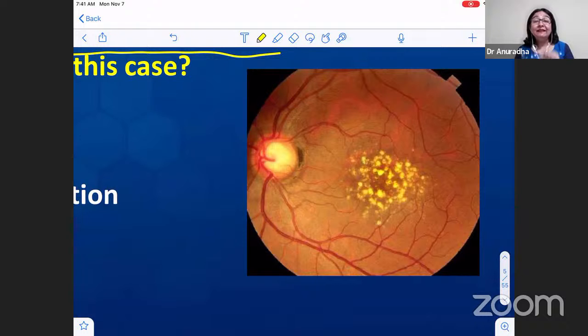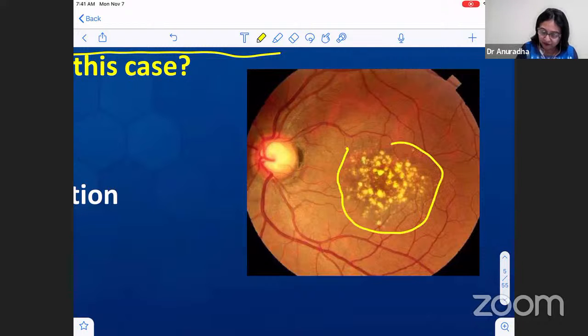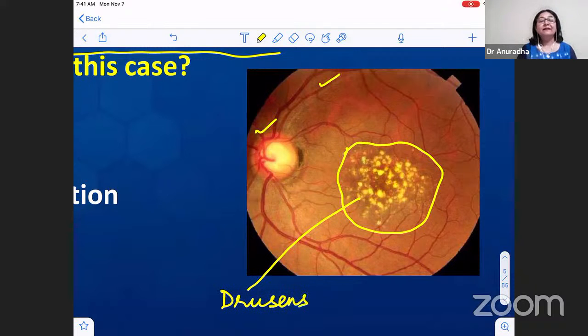But how do we identify in the fundus image what you are seeing here? You are noticing all these different yellowish spots in the macula, and everything else is normal. The disc is normal, the vessels are normal, no hemorrhages are there. So what are these spots known as? These are drusen, the yellowish discrete spots in the absence of any other vascular feature.